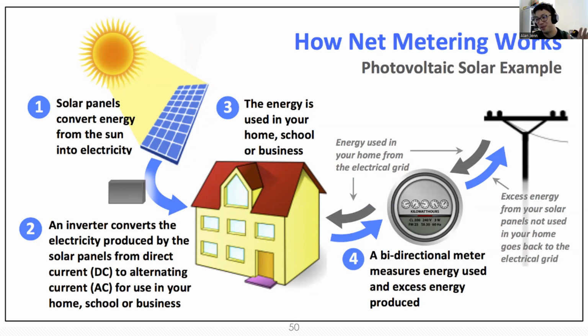And so net metering is a changing domain in California. And we can talk a little bit more about that in detail when we hit some of the policy stuff later on in the class.